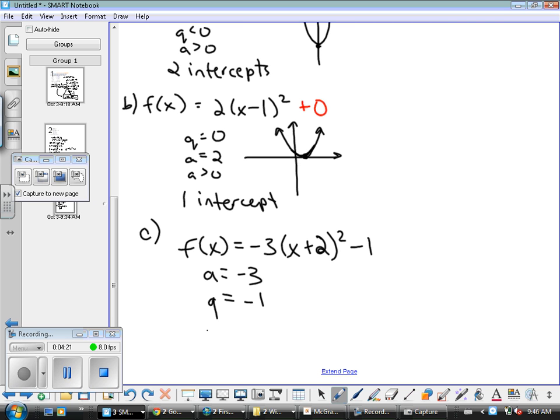So a is less than 0, q is less than 0. To draw that, q is less than 0, so I'm going to put that right here. A is less than 0, it's opening down, and what I end up with is a parabola that does not intersect the x-axis. So it will have 0 intercepts.